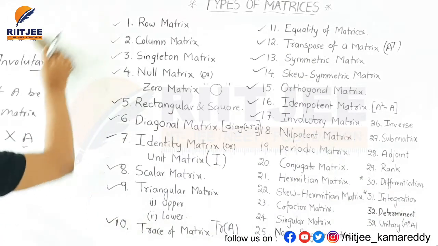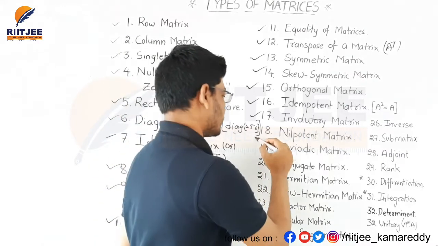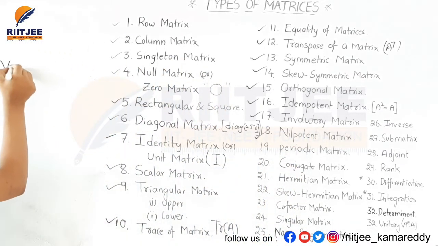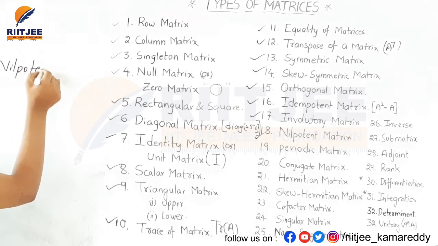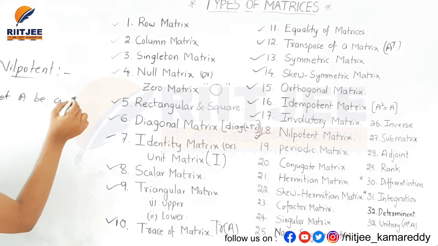And the next type of matrix is nilpotent matrix. Nilpotent matrix is nothing but, let A be a square matrix again.